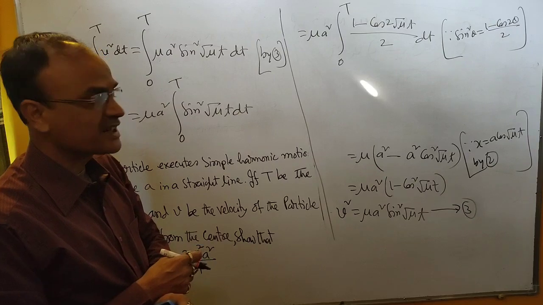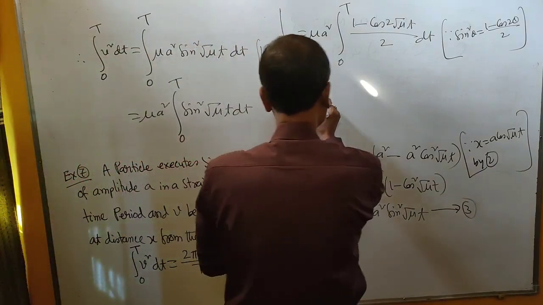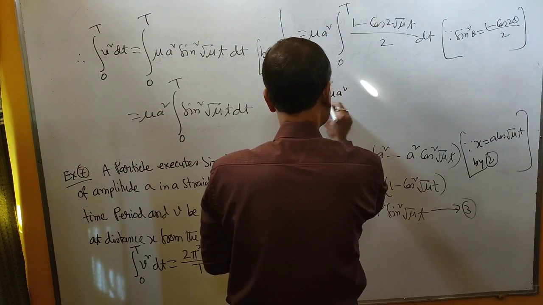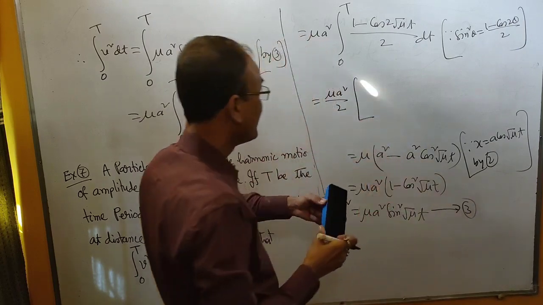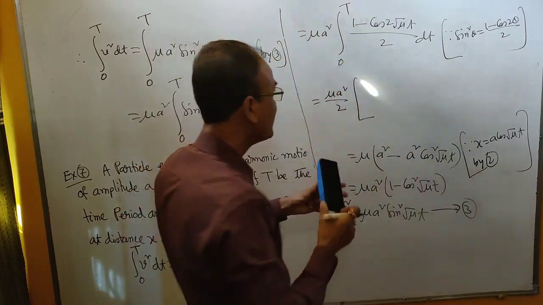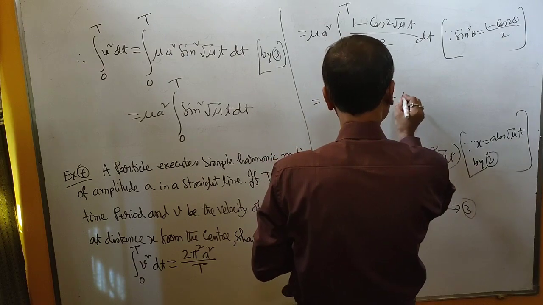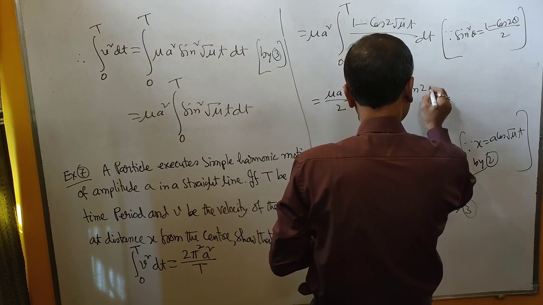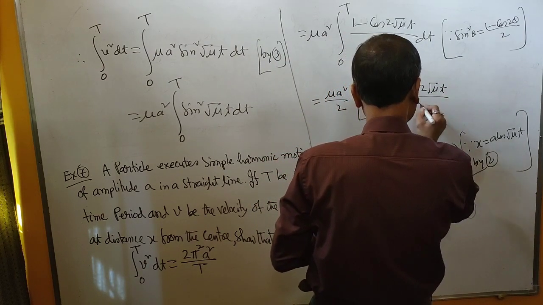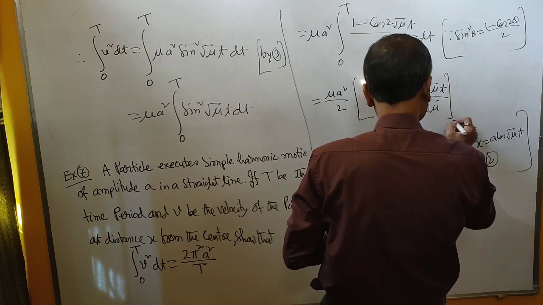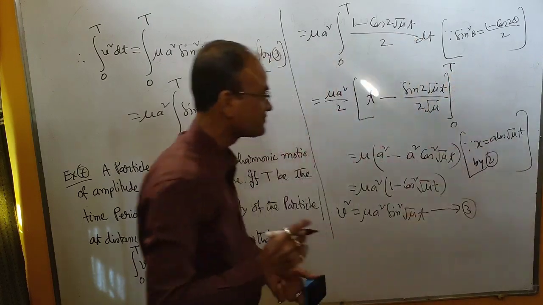This is equal to mu a square divided by 2 times t minus sin 2 root mu t divided by 2 root mu, from 0 to capital T.